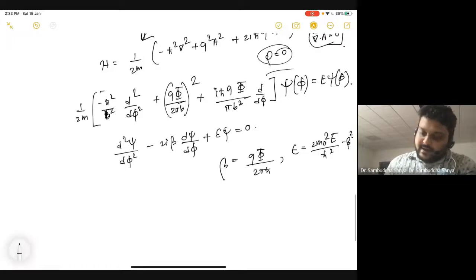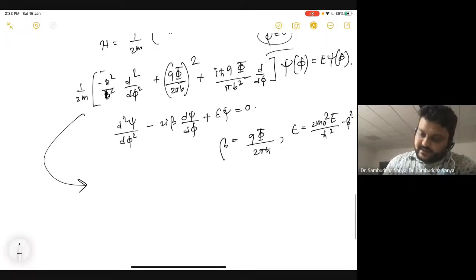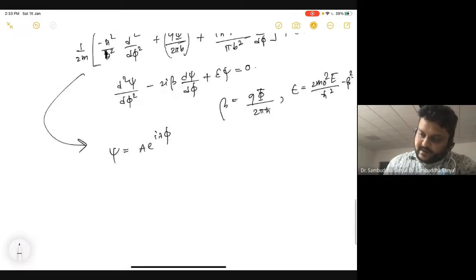And now I plug in an ansatz, a trial solution, just the way we did earlier. And once we plug it in, I get a quadratic equation, because it is a second order differential equation.